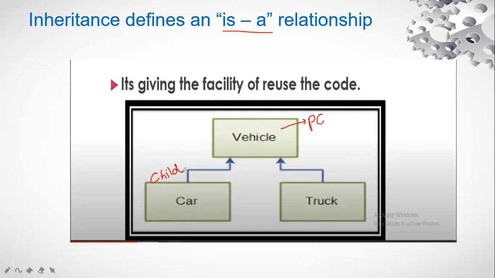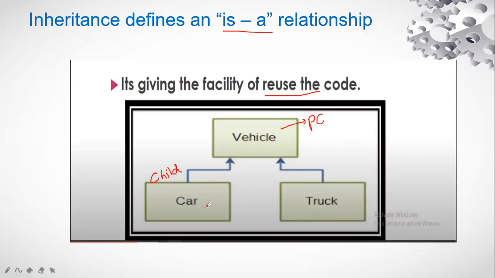Now, what is the main agenda behind this? The advantage of inheritance is reuse of code. Why and how is it happening? Simply, when we define a class vehicle, it has certain properties which are common in car and truck also, right?